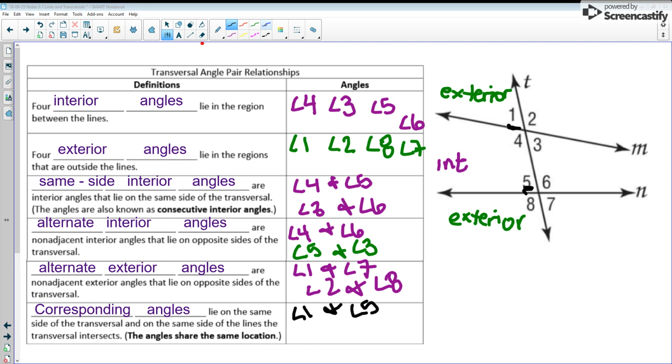Angle 4 corresponds to angle 8. So angle 4 and angle 8. Notice they're both on the left side. On the right side, we would have angles 2 and 6. They would be considered corresponding. And angles 3 and 7. All right, that's it.